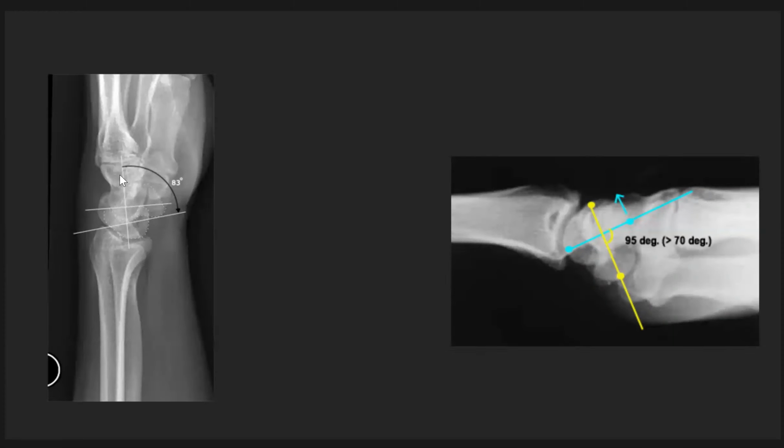And here the scapholunate angle is about 83, and normally it is up to 60, and in some books up to 70, and we have dorsal displacement of the lunate. We have the dorsal here, and the volar aspect is here.